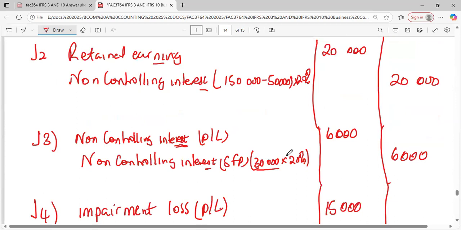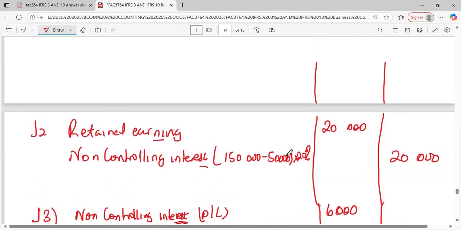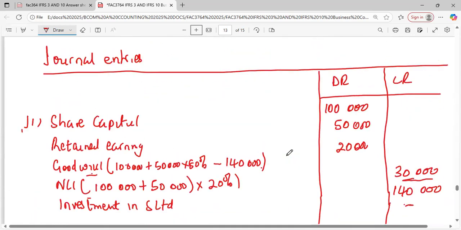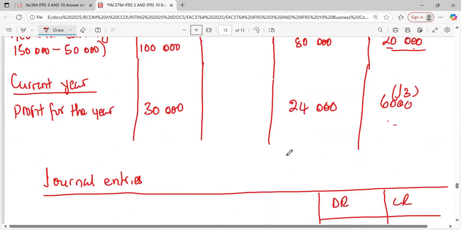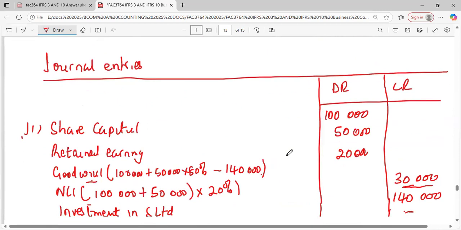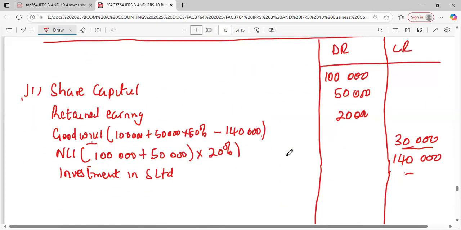If you have another way of calculating that is reasonable, you can still use it, because this analysis is just a calculation so that you can have accurate figures. If you don't want to do the analysis, because I know it always takes a lot of time, it's accurate once you are done with it, but it takes a lot of time, then you can use this format to calculate your goodwill, your NCI, your retained earning, and your profit for the year that goes to the NCI.